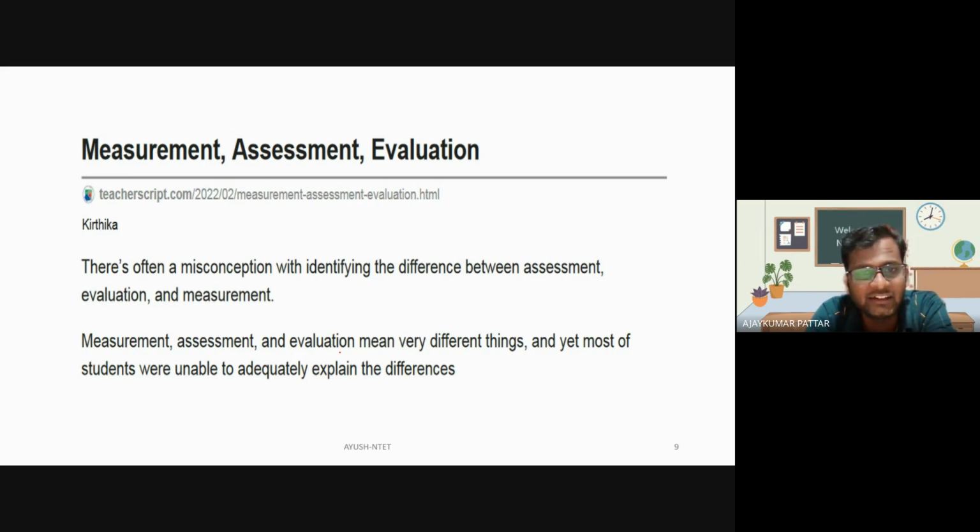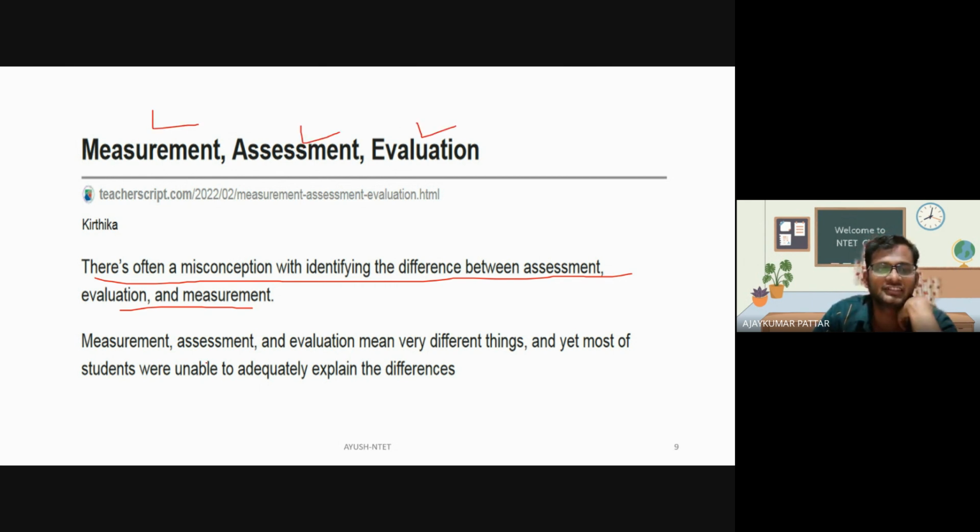So measurement, assessment, evaluation. There is often a misconception in identifying the difference between assessment, evaluation and measurement. They are different things, but there is a misconception.